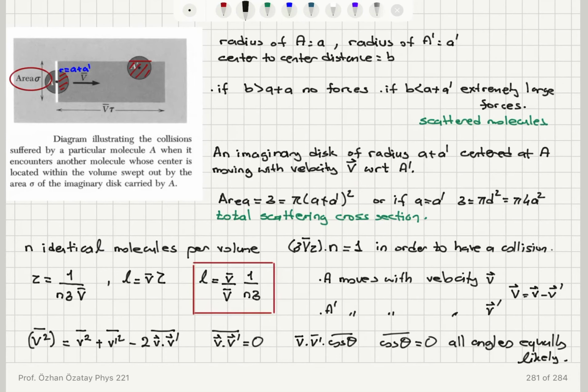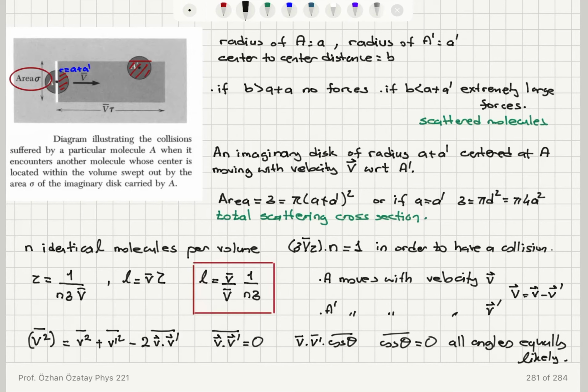And if we have n identical molecules per volume, number density, the volume swept by this imaginary disk, which is sigma times capital V bar times tau, the mean time between collisions, multiplied by n gives us 1 in order to have a collision.